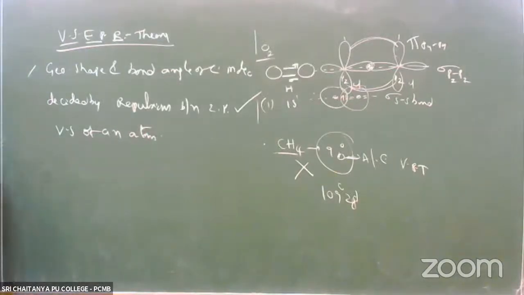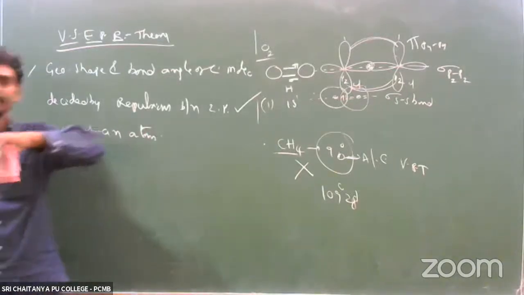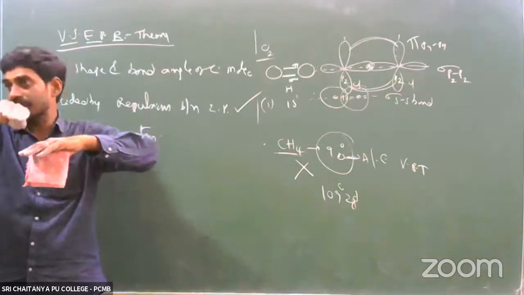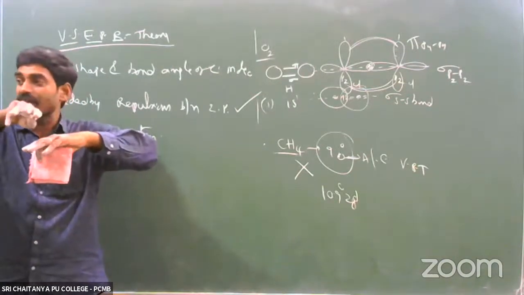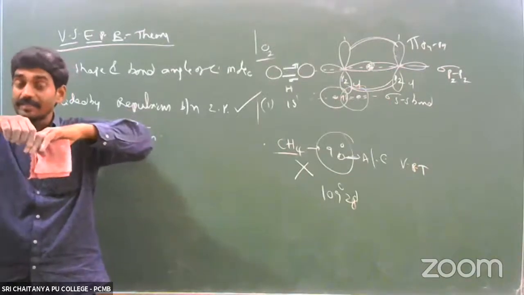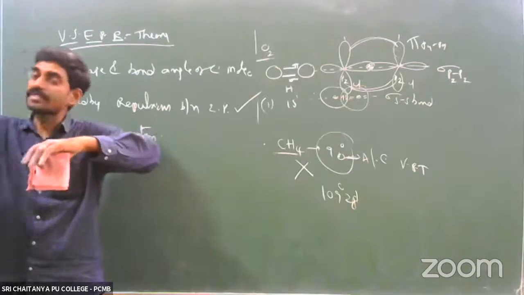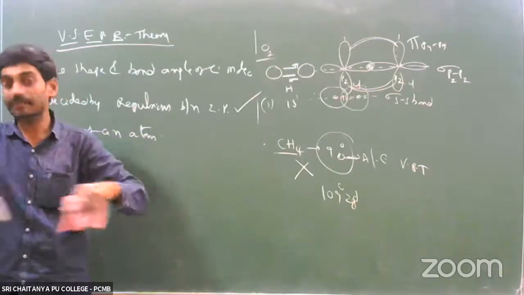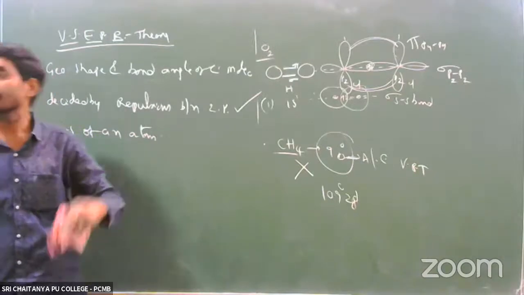That means in an atom, the valence shell, the outermost shell, what are present? Electron pairs are present. Among the electron pairs, what happens? Repulsions take place. Those repulsions between the electron pairs present in the valence shell of an atom determine the geometrical shape and bond angle of the molecule.